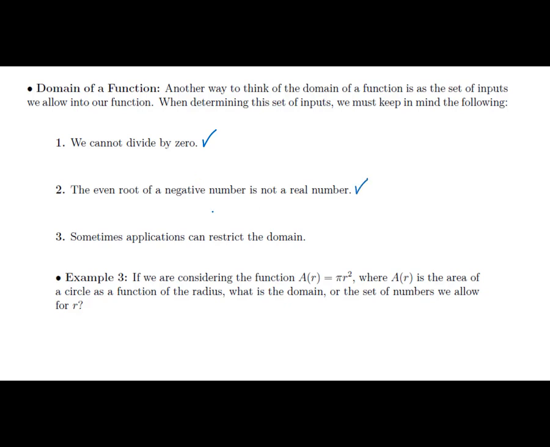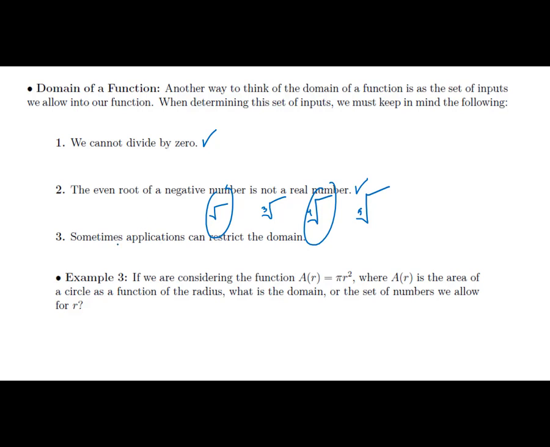I say even root because this is the square root, but we know there's such things as cube roots, fourth roots, fifth roots, etc. And so what this principle is saying is even roots get you in trouble, square root gets you in trouble, fourth root gets you in trouble. And so you have to watch out to make sure you're not plugging in inappropriate x values into your function.